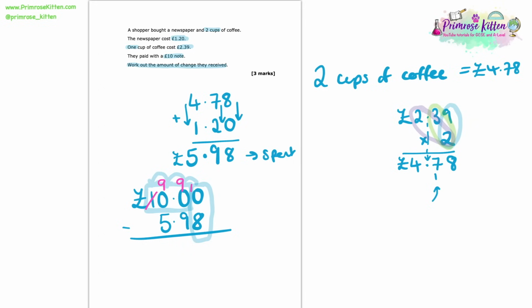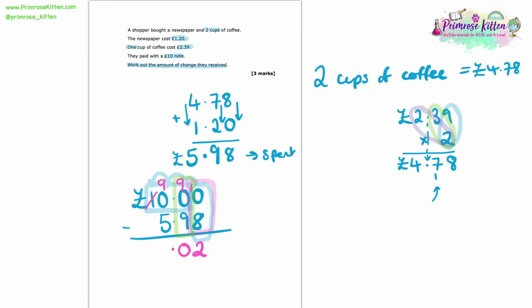So now we've got something that we can do, okay? So now, starting again, let's do this time 10 minus 8. So 10 minus 8 is 2. Then, moving towards the left, let's do 9 minus 9. So 9 minus 9 is 0. Now let's put the decimal place in the same position as it is with the £10 and the £5.98.